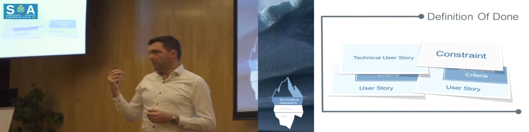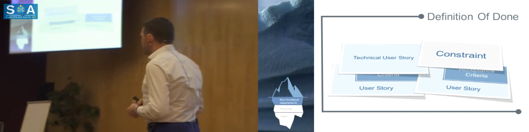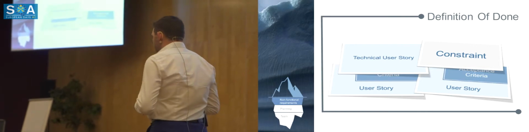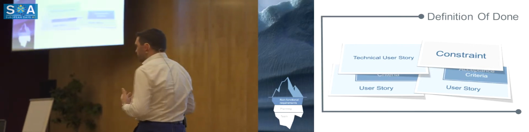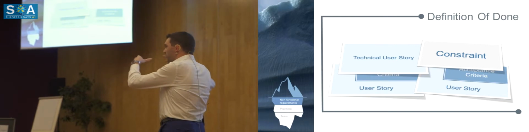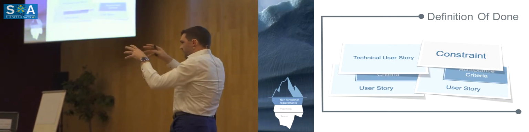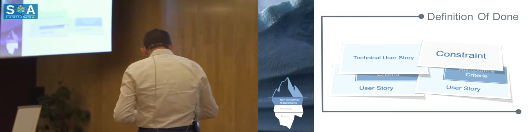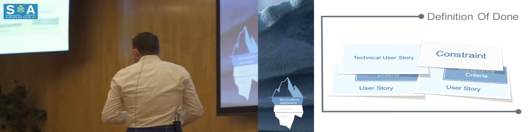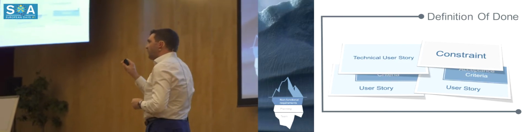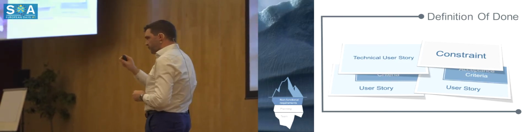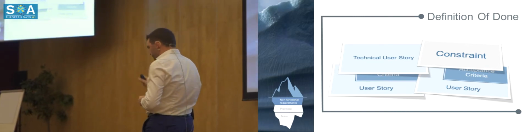Of course, the drawback of working with technical user stories is that you will double information, because you have your more functional-oriented user story, and next to that, you have your technical user story. Another way is to list all your non-functional requirements as a constraint.